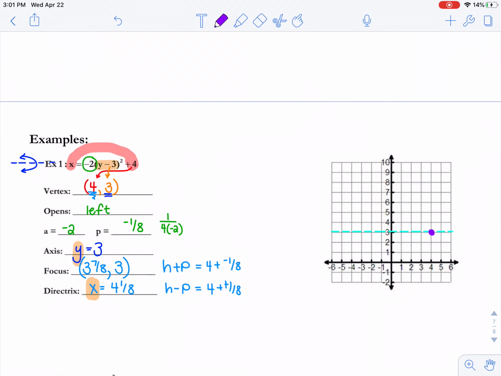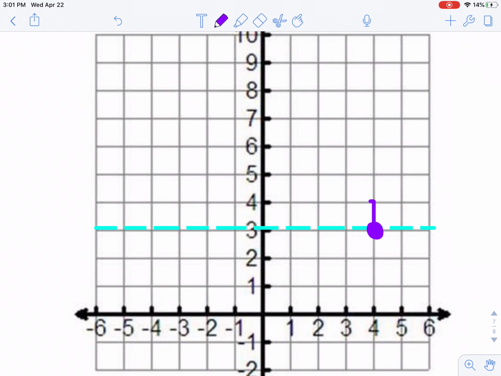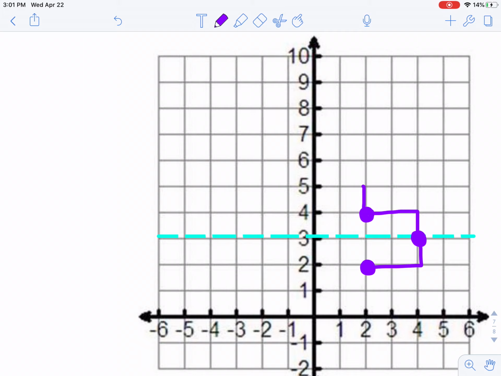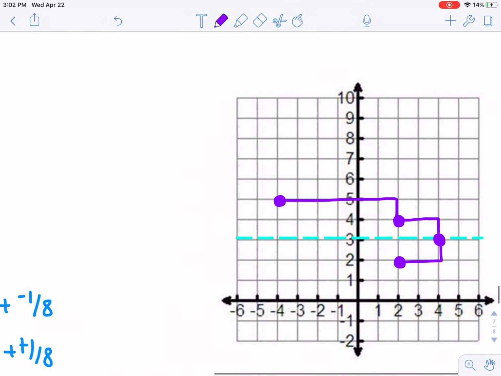and 1a, 3a, 5a. So we're going to go up 1, left 2, because that a value is 2. So then up 1, left 1, 2, 3, 4, 5, 6. The reason I went 6 is that 1a, 3a, 5a formula.